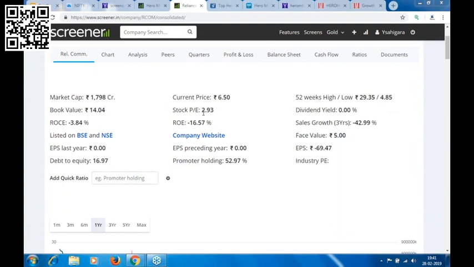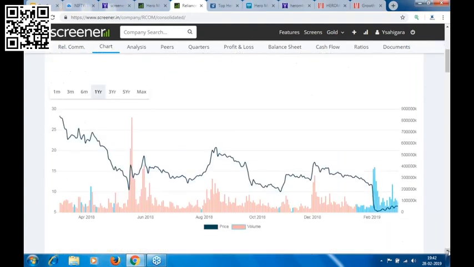Book value is 14, stock PE is 2.93, dividend yield is 0, return on capital employed is in minus, return on equity is in minus, sales growth for the past 3 years is in minus, there is no EPS, and the debt to equity ratio is too high at 16.97. Promoters' holding is above 52%, but all other key ratios are negative for the company.